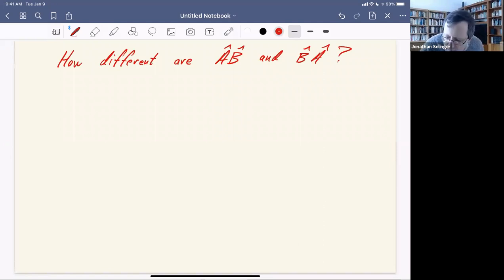There is a mathematical concept for how different are these two combinations. Okay.